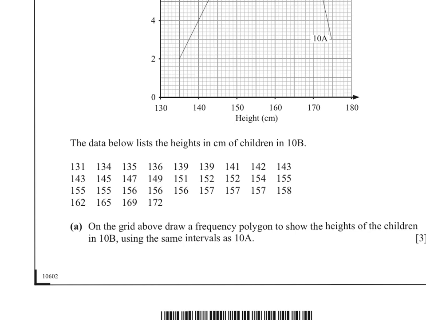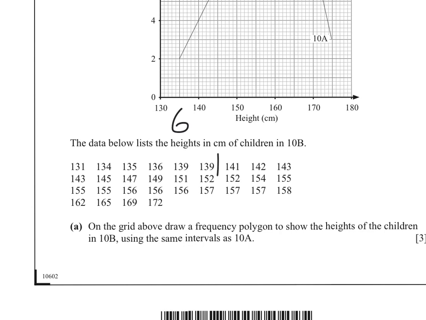To answer this question, we need to know how many there is in each grouping. So from 130 to 140, we have 1, 2, 3, 4, 5, 6. So 6 in that grouping.